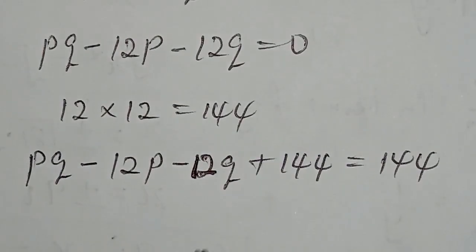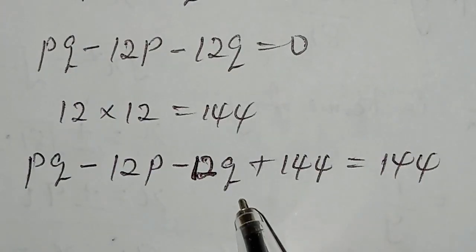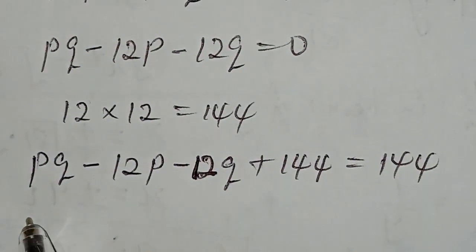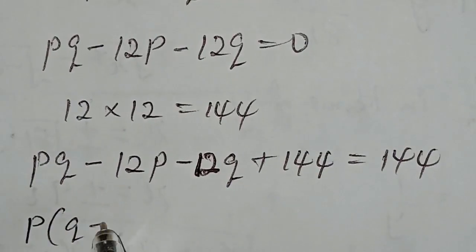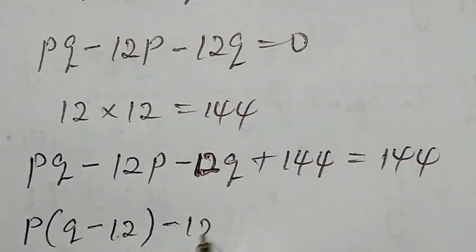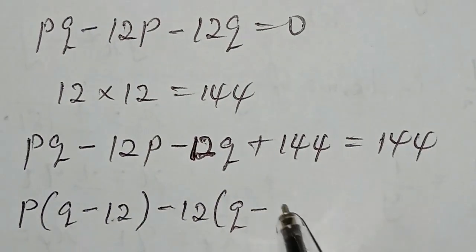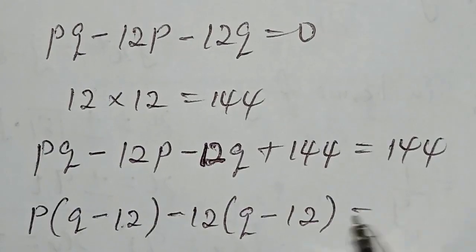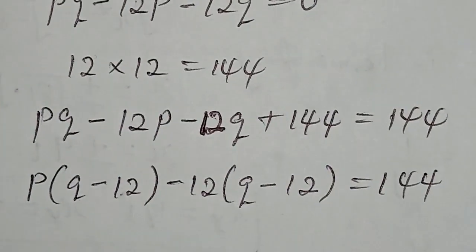Now we can factorize this as P into bracket Q minus 12, then minus 12 into bracket Q minus 12, everything equal to 144.